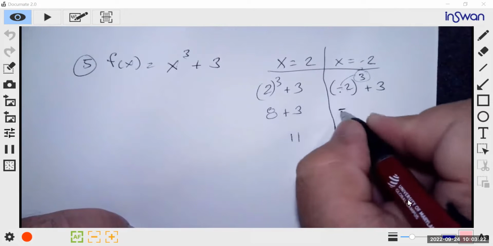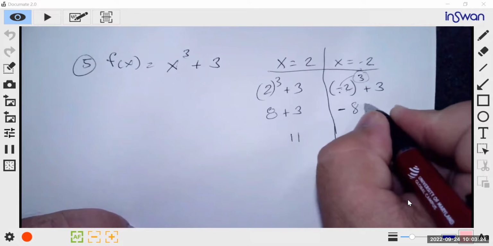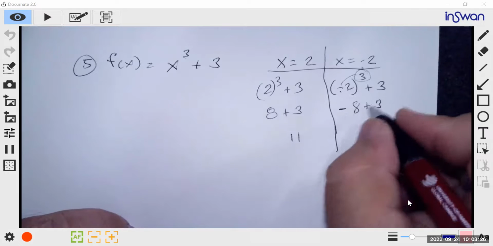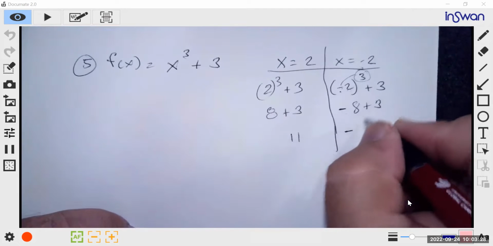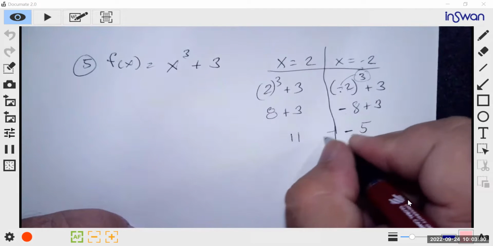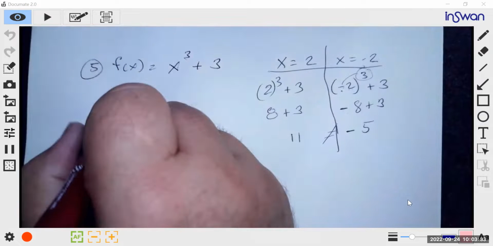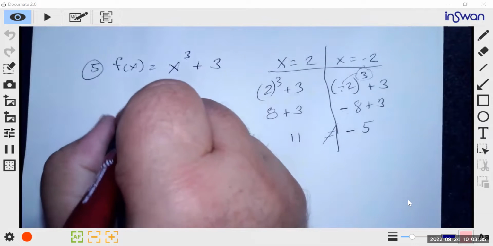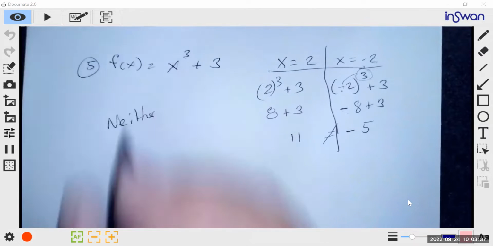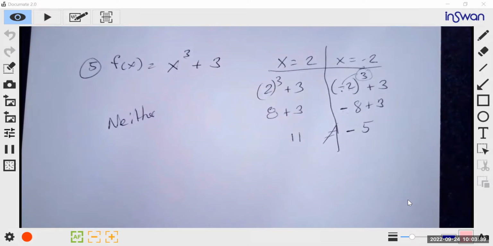Negative, negative, negative makes it negative. 2 cubed is 8. Plus 3, 8's bigger, so it's negative. 8 minus 3 is 5. Since 11 doesn't equal -5, or they're not opposites, it's neither.